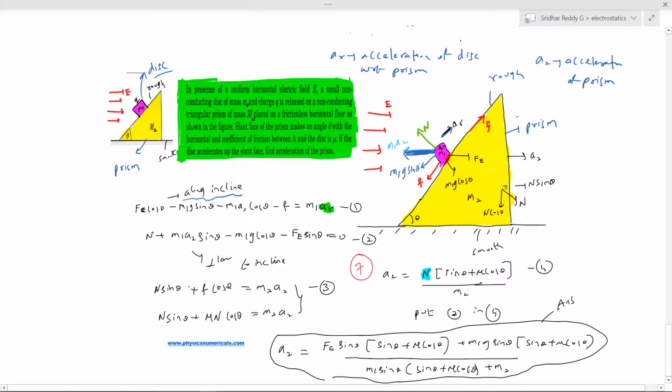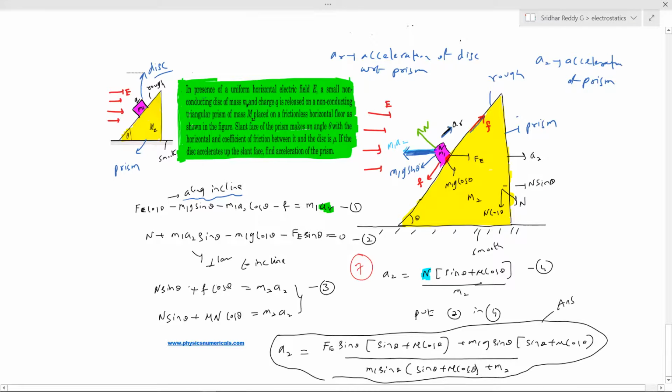Then on the prism, we'll see this. This N is the normal contact force by the disk on the prism. The component of that, N sin theta, should be equal to M2A2, and the component of friction will also act.